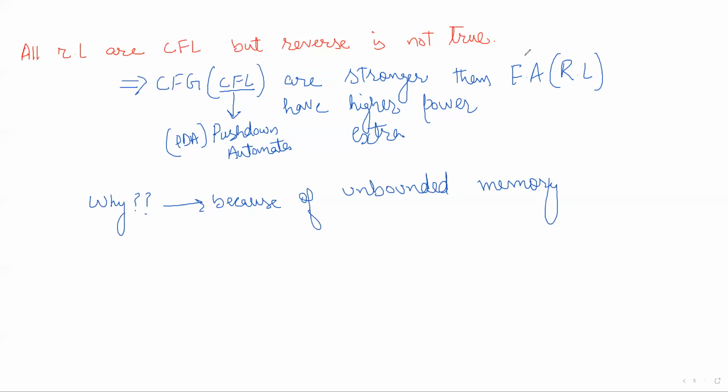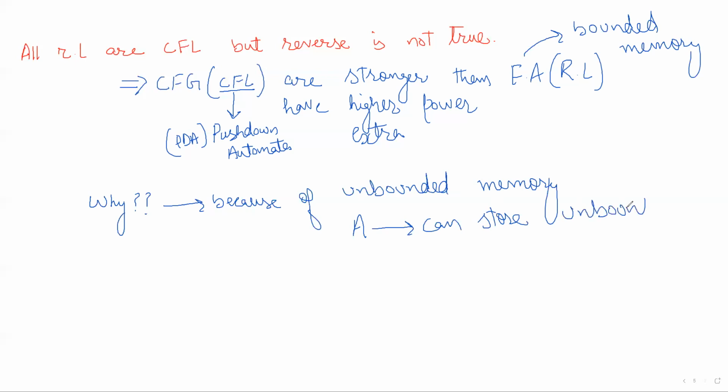So finite automata, we know they have bounded memory. They have finite memory. So in context-free grammars, if I have a non-terminal, this non-terminal can store unbounded information. So what does that mean?